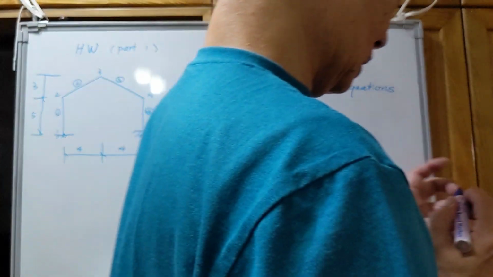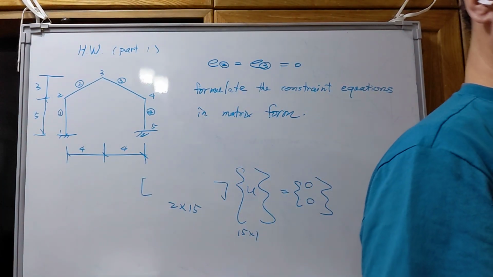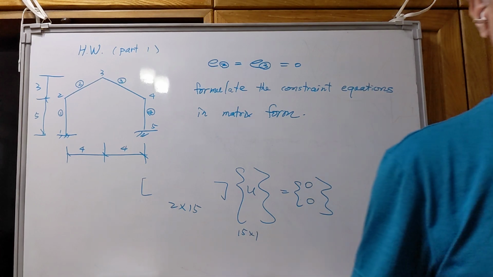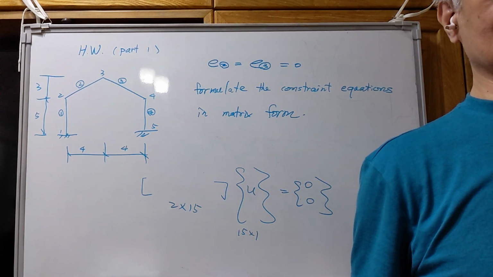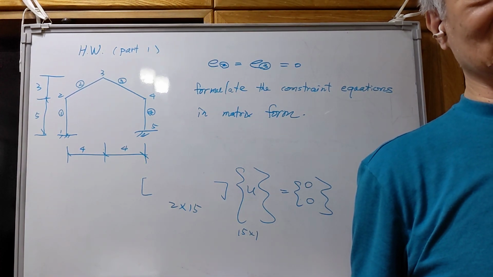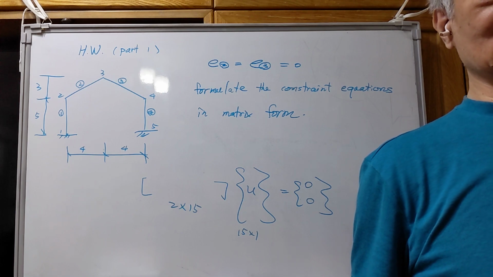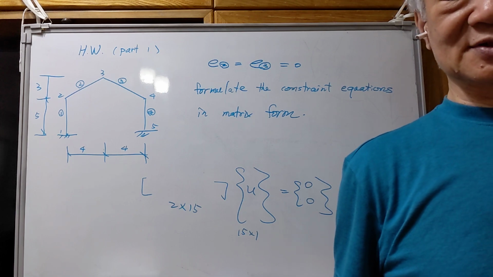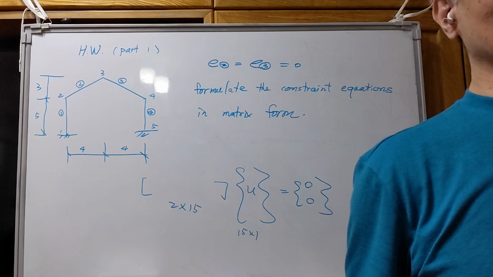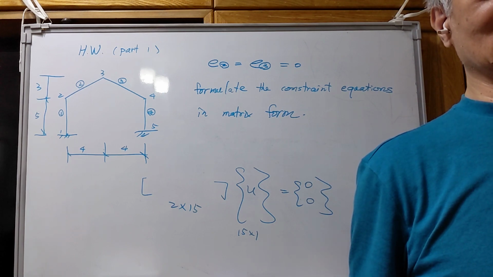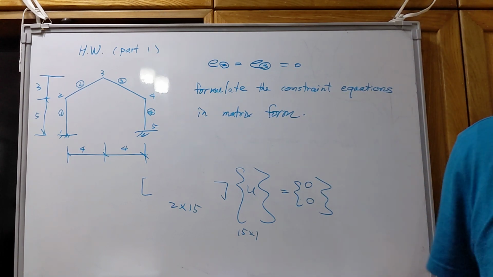Okay, so for these two constraint equations, the related nodal displacements are only six. There are only six nodal displacements related to these two constraint equations.